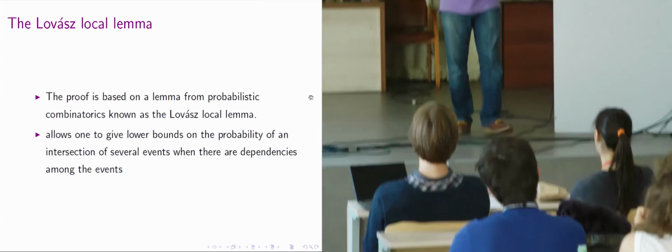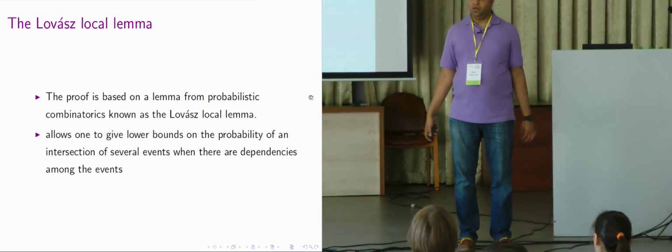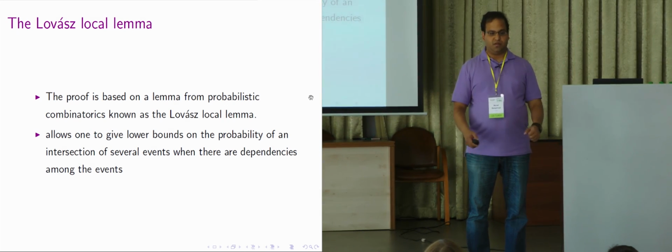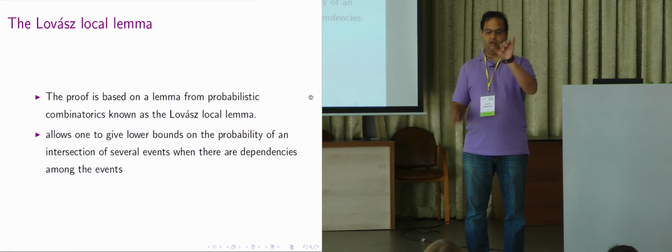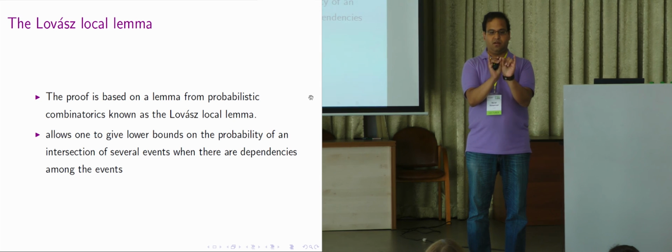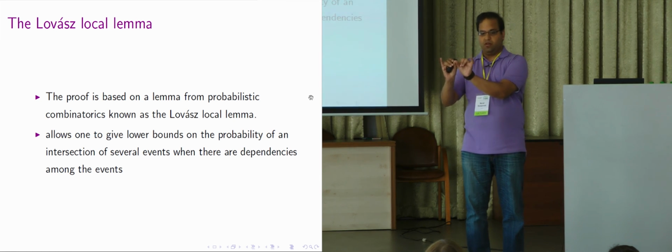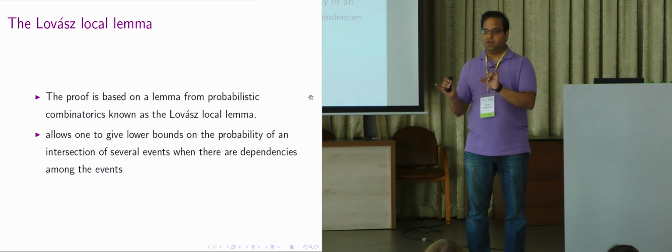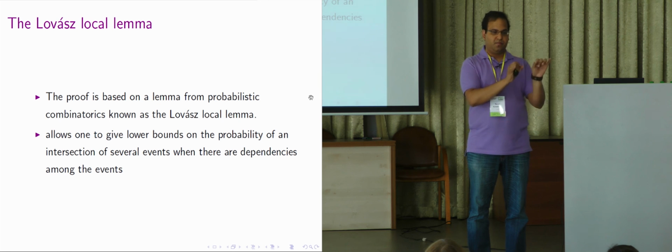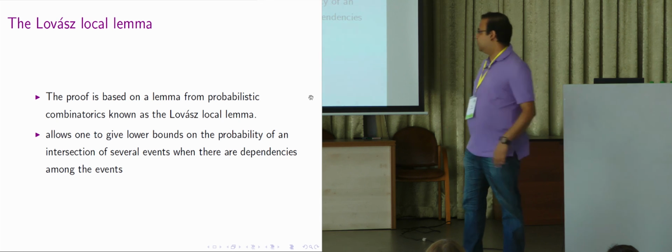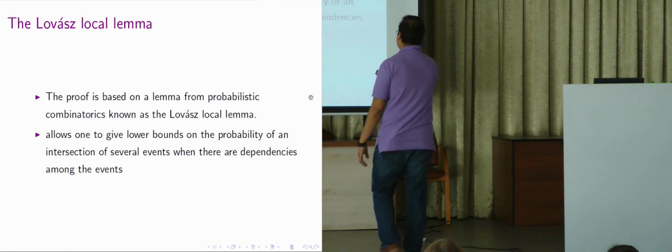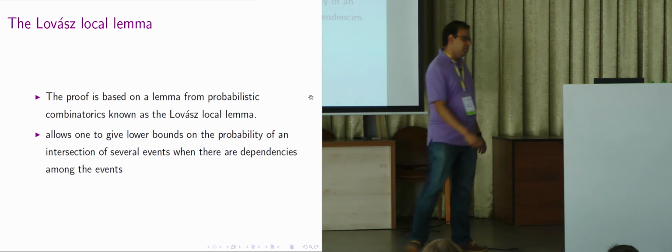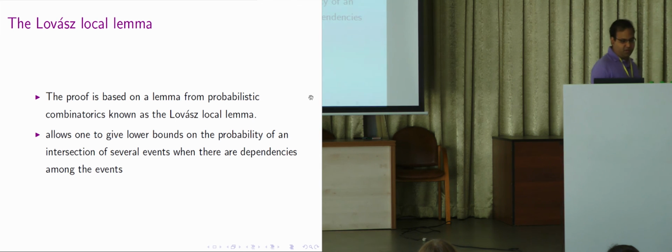And the way it works in combinatorics on words is, let's say you want to generate randomly a square-free word, so you consider a random word and then look at the probability that a certain factor is a square. But then, of course, there will be other factors that overlap, right? So you'll have some dependencies among the probabilities that a certain factor is a square. So this Lovász local lemma works nicely in those kinds of situations.